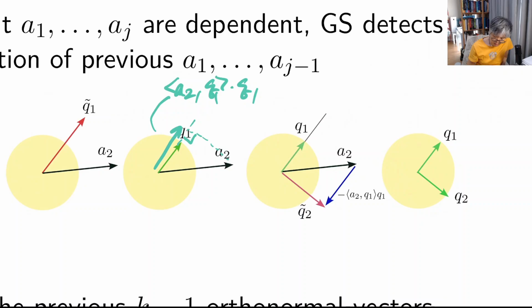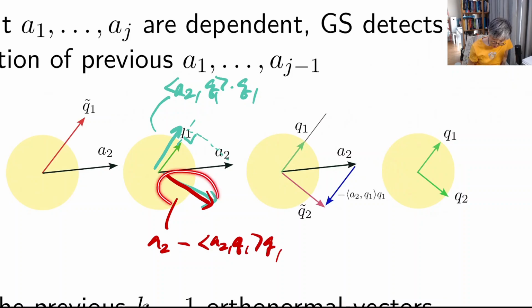So the residual would be a2 minus a2 inner product with q1 times q1. This is what you take as q2 tilde. Next, your q2 tilde doesn't have unit norm, so you normalize it by dividing by its norm, and it becomes q2.